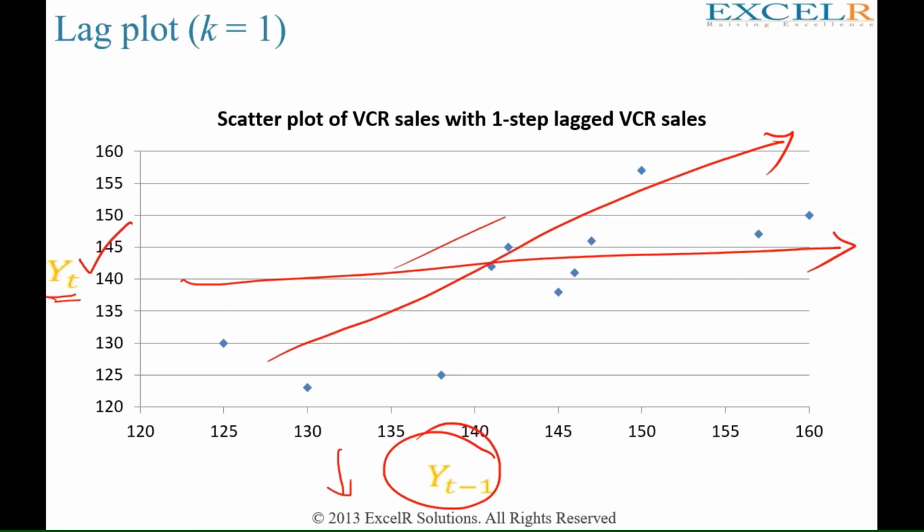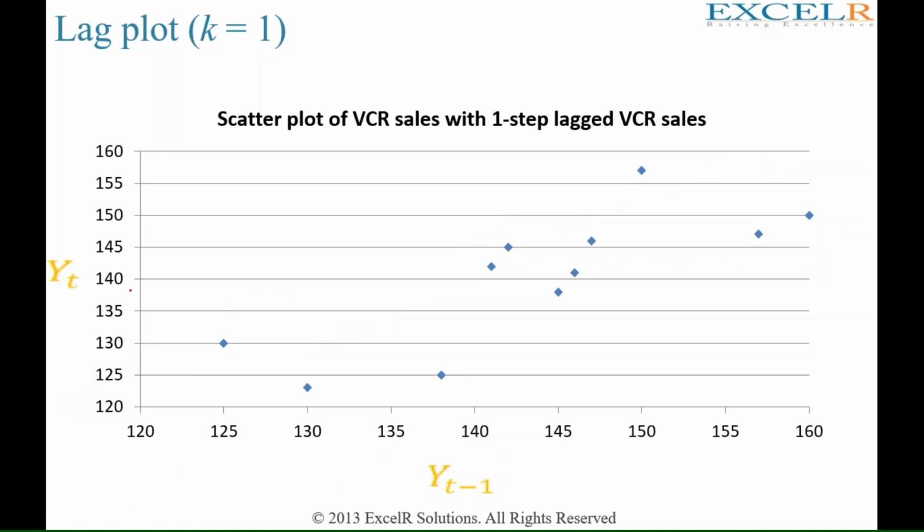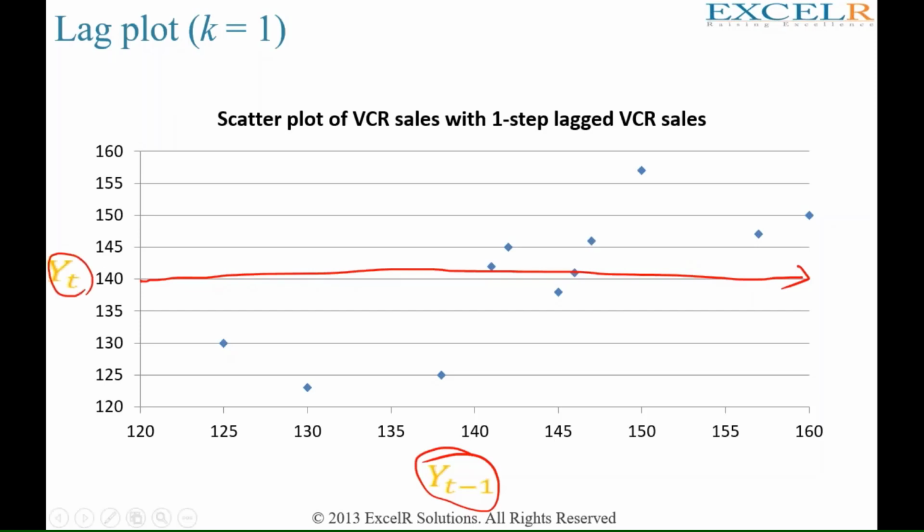Give a thought and let me know whether you are fine with this explanation or not. If there is a stable constant line, no increase or decrease, then I can use the previous time period data point and I can forecast the current time period. That should be fine. But if there is an increasing or decreasing trend, then the previous time period cannot be used to forecast, right?